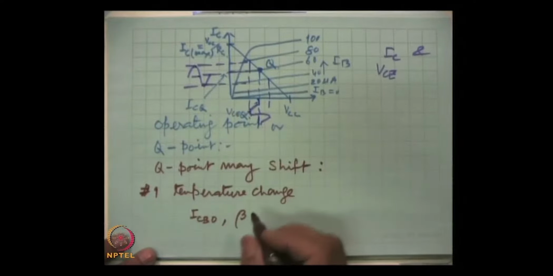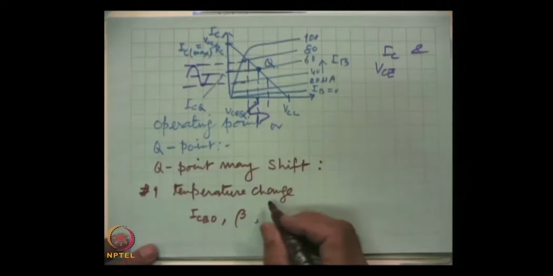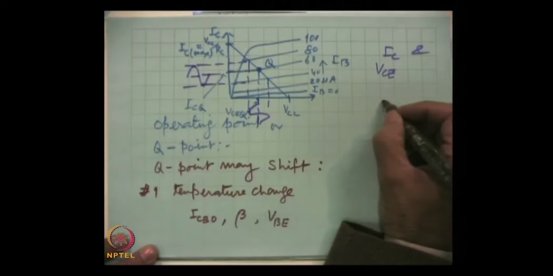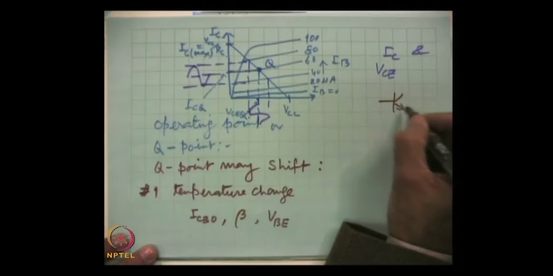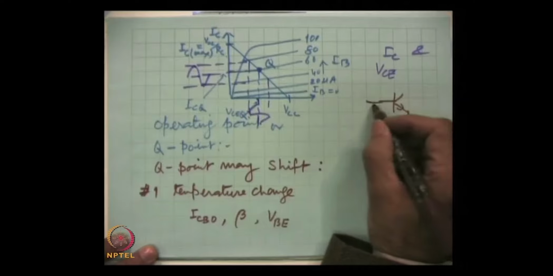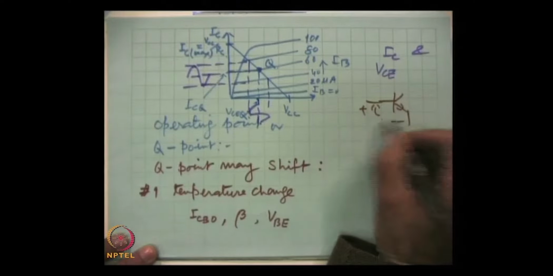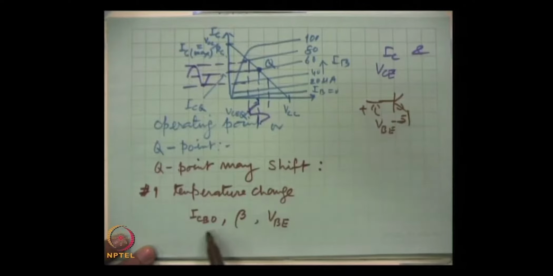And the third quantity which is temperature sensitive is VBE, this voltage drop. We have talked about the degree of variation with temperature of all these three parameters. So, this is one cause.